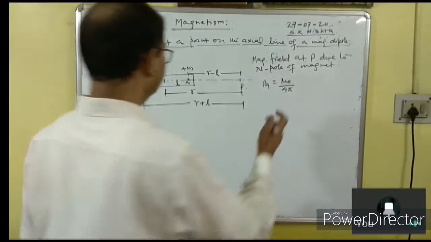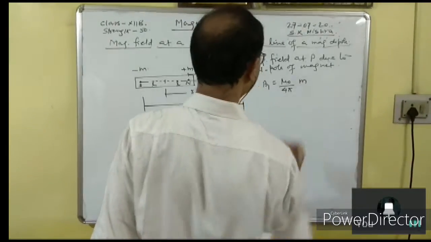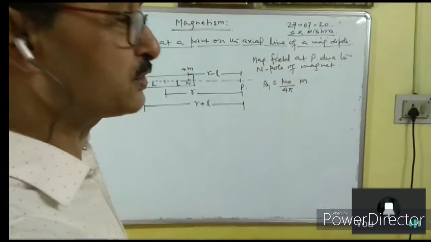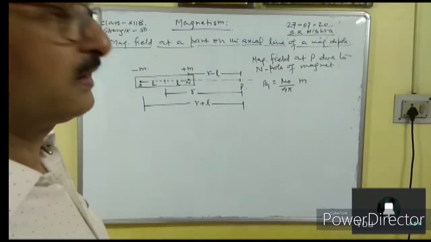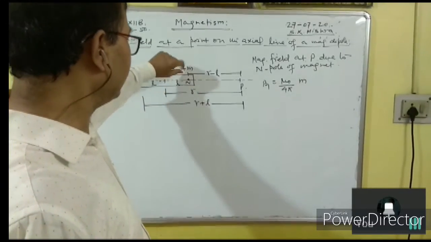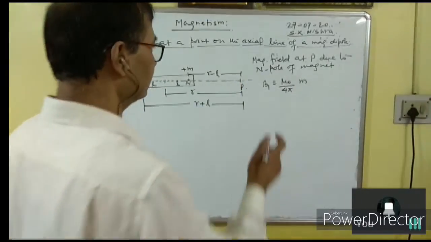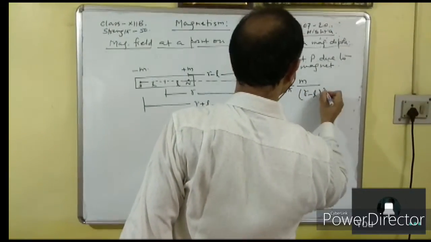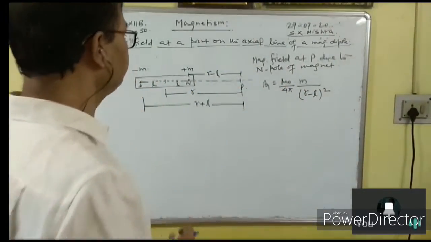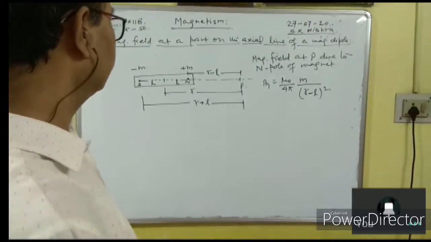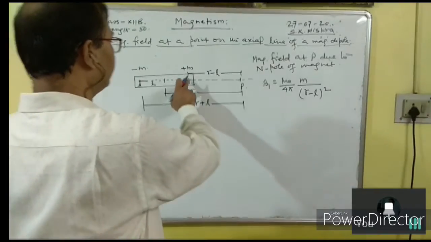So here is the center. And this whole distance is 2L, you know. So this half part will be L and this half part will be L. Now can you tell me what is the distance of point P from this north pole? Yeah, this will be R minus L. And similarly, what is the distance of point P from the south pole? Yeah, this will be R plus L.